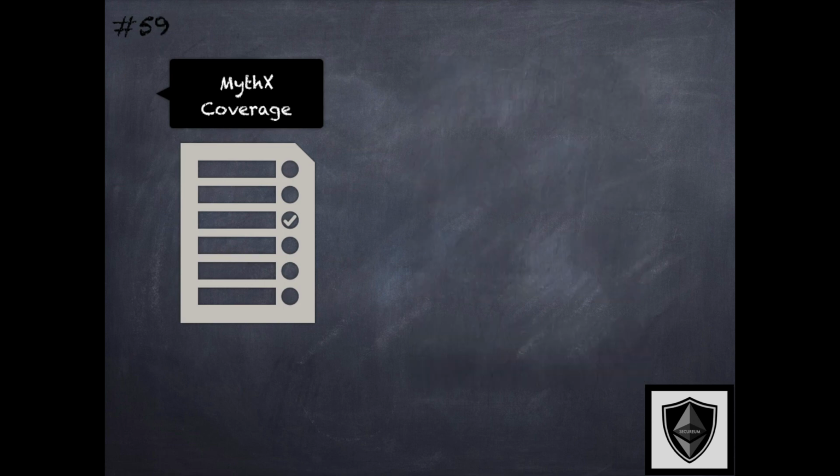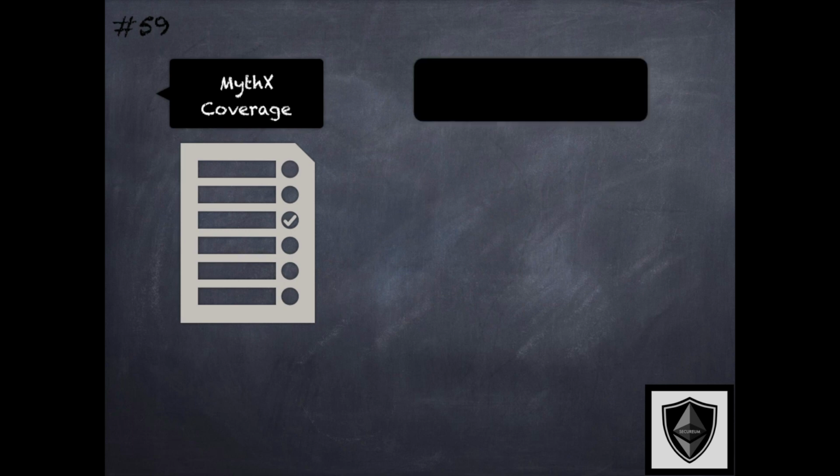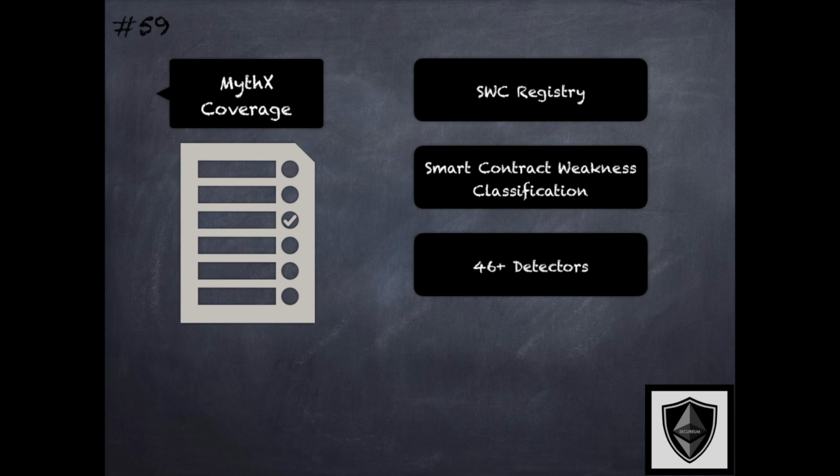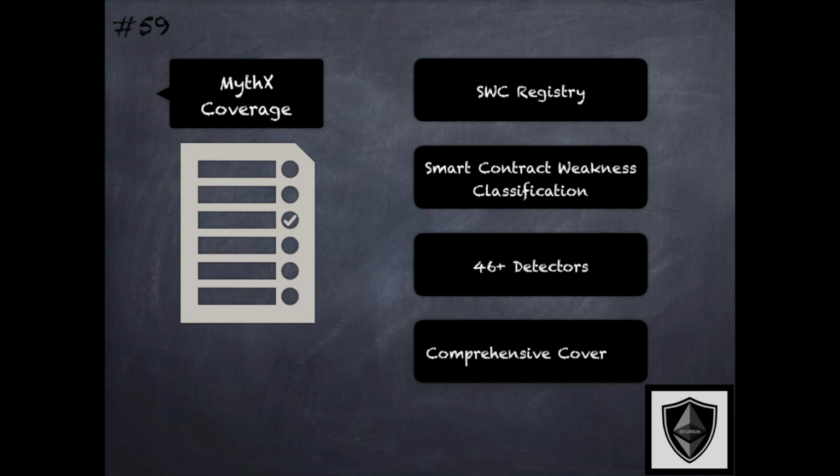The coverage that is provided by Mythics extends to most of the smart contract weaknesses found in the Smart Contract Weakness Registry, referred to as the SWC registry, which we will talk more about in one of the forthcoming slides. And this comprehensive coverage addresses 46 plus detectors as of today.